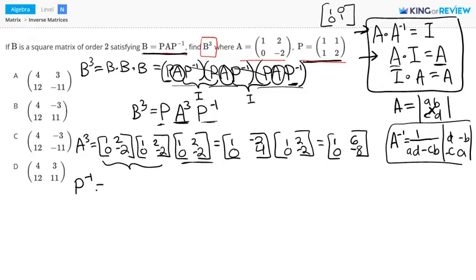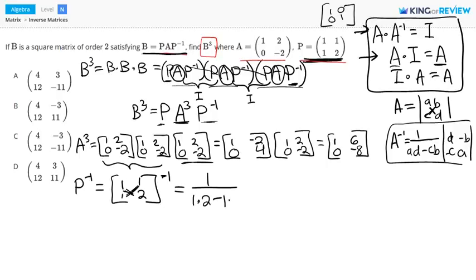So let's apply that here. We're taking the inverse of P, 1, 1, 1, and 2. So what is this? Well, we have 1 over the determinant. So we'll start by taking the product of the entries on the main diagonal, 1 times 2, minus the product of the entries on the other diagonal, which is 1 times 1. And then we're multiplying this by A and D switch positions. So now we have a 2 and a 1 here.